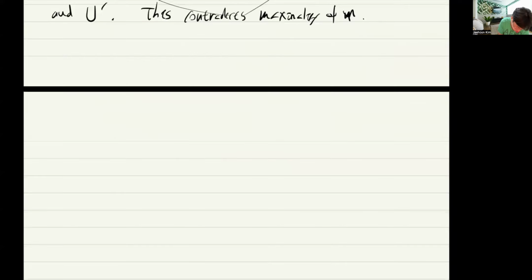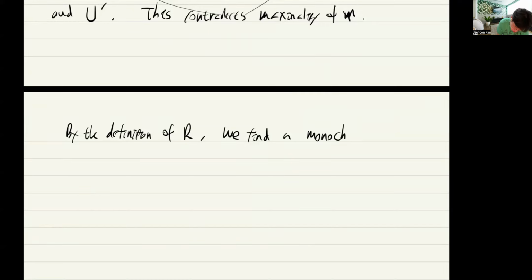Anyway, once you do that, then by the definition of R, we find a monochromatic copy of A_K in this W in coloring pi prime.